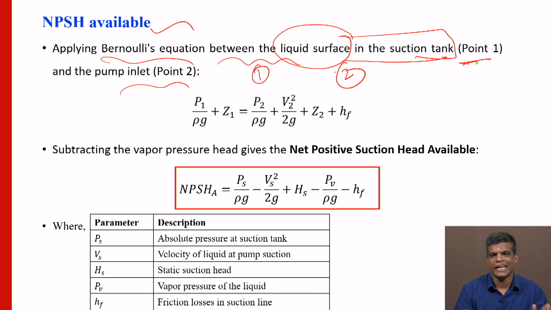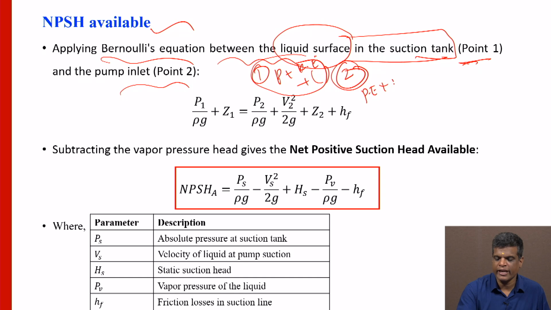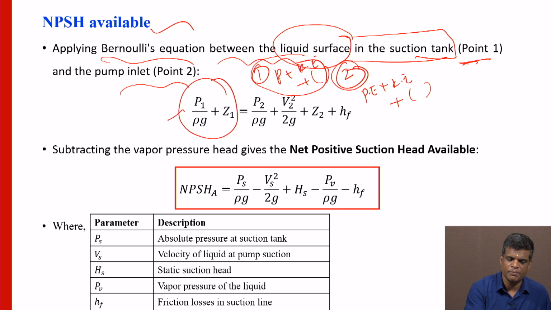Normally the Bernoulli equation we always write like this, because there is the pressure energy, the kinetic energy, and the potential energy at point number 1, and at point 2 as well. Here at point 1, there is the pressure energy P1 by rho g, and Z1 is the potential energy.